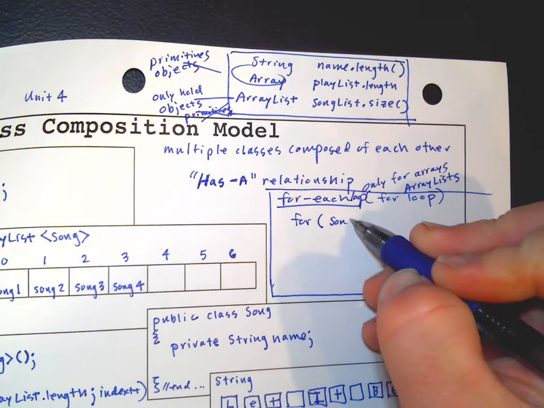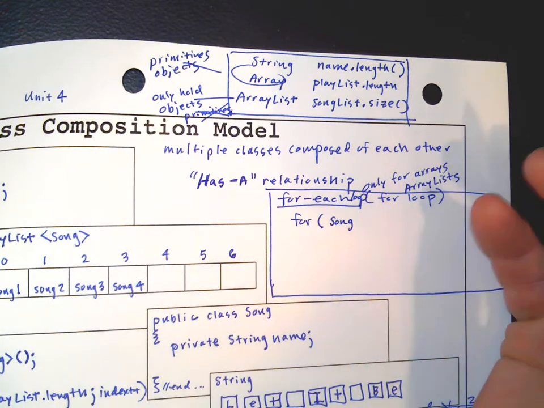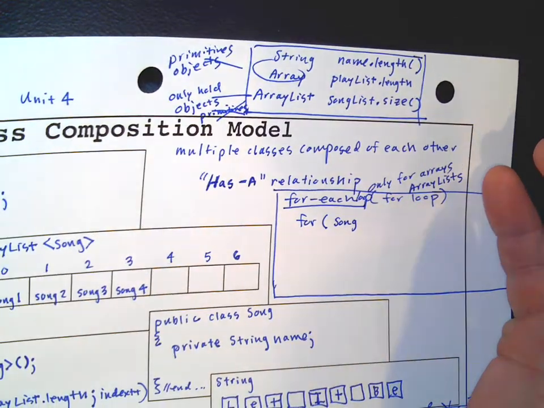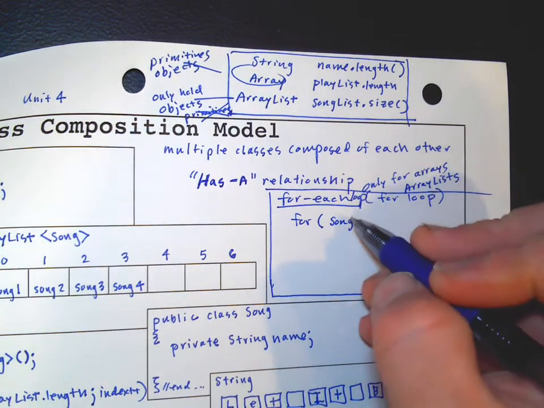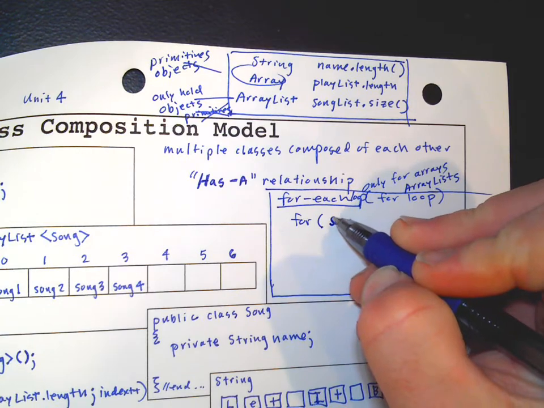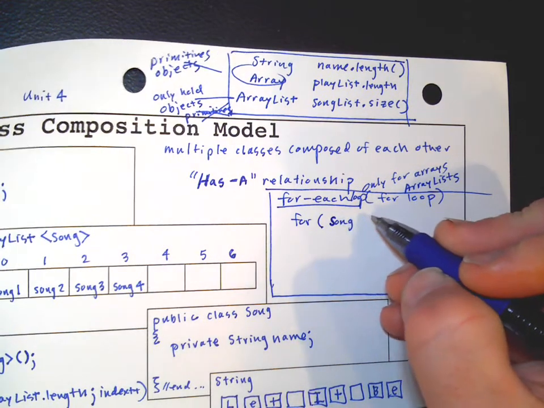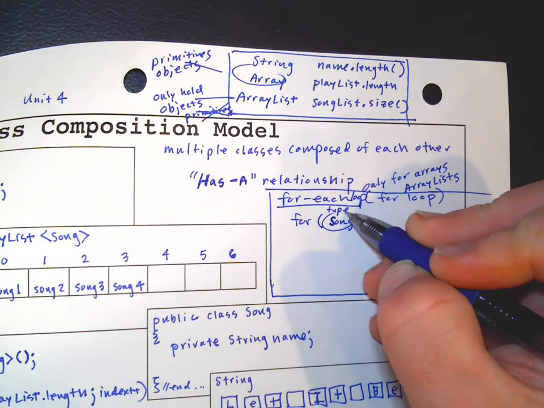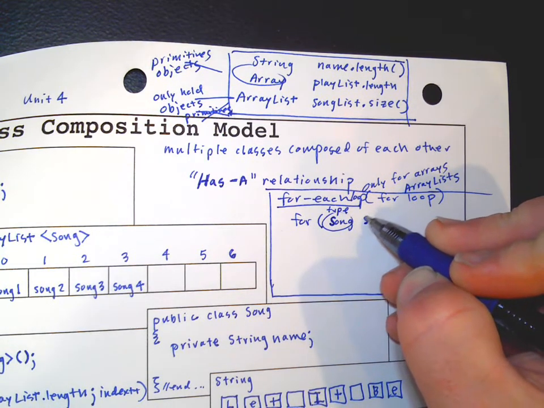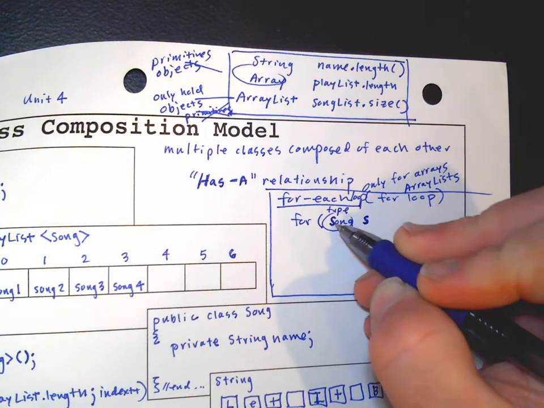So let's say we're going to go through the song list, or even song library or something. We'll do the array list. So Song, you've got to put the type of object that's in it. You have to give it a temporary name. A lot of times a letter that represents the type of object is good.